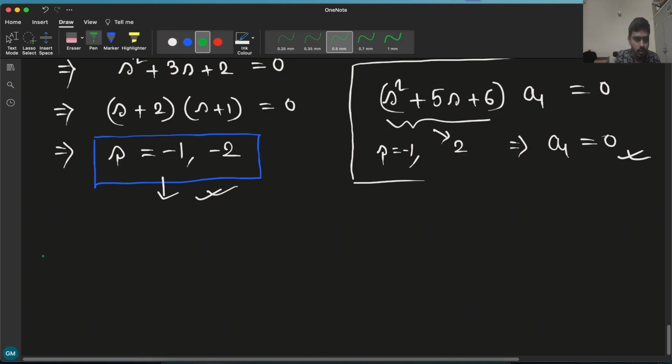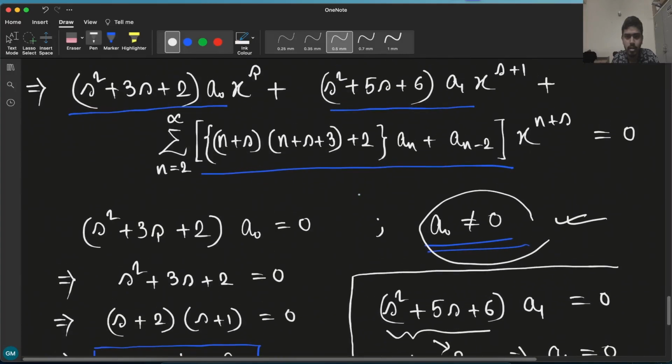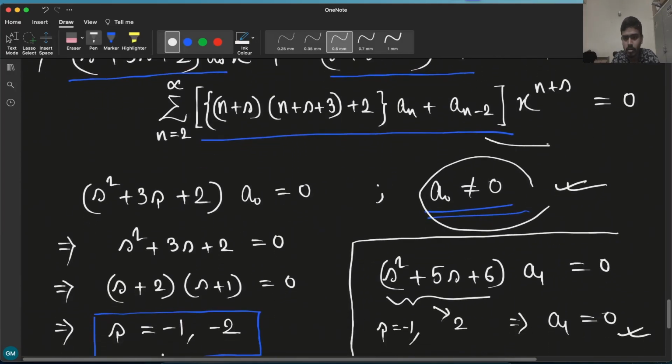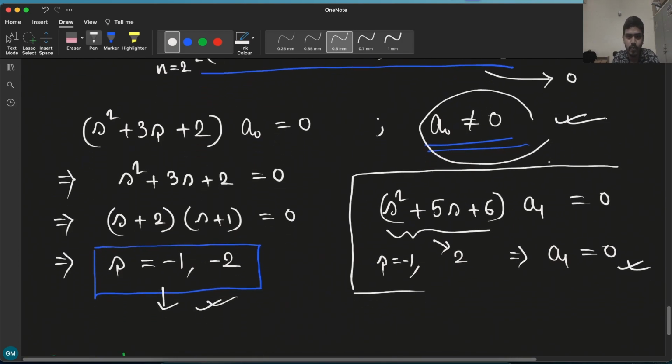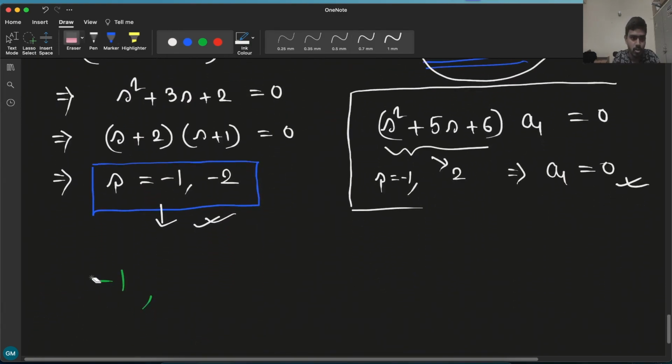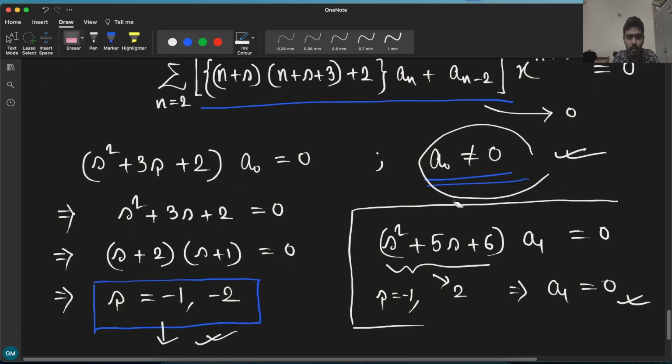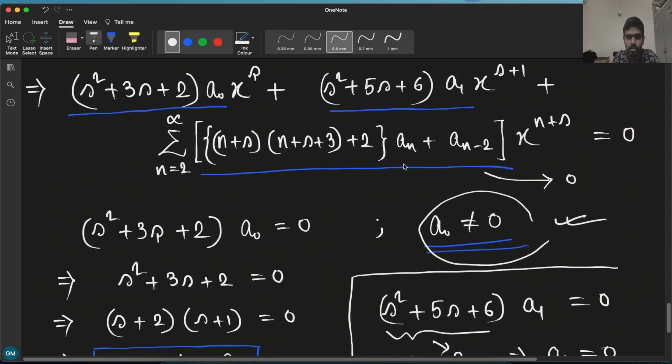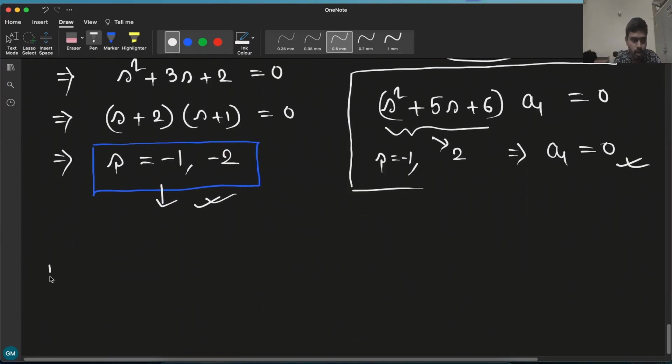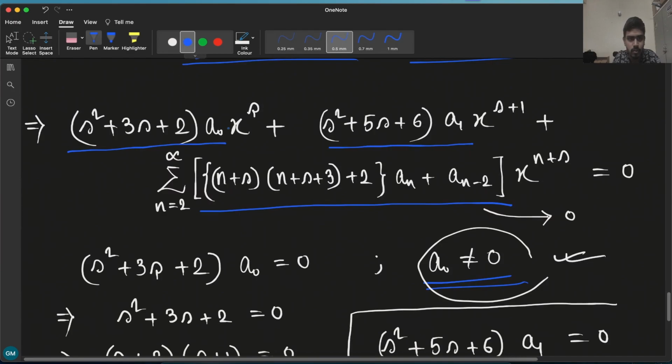So let's first check for s equals minus 1. Let me write this equation. We will make this term 0 as well. Let me write it with s, without substituting s equals minus 1. If I make this coefficient 0, then for n greater than or equal to 2 we have this term equal to 0.